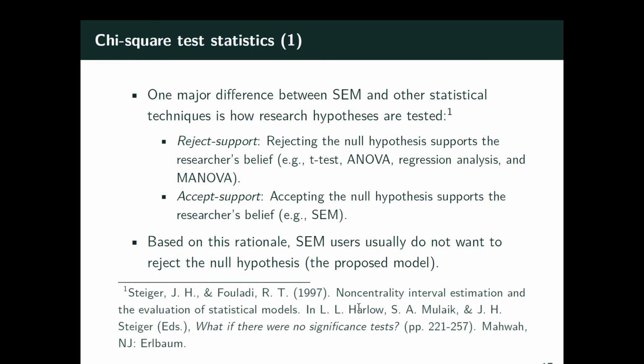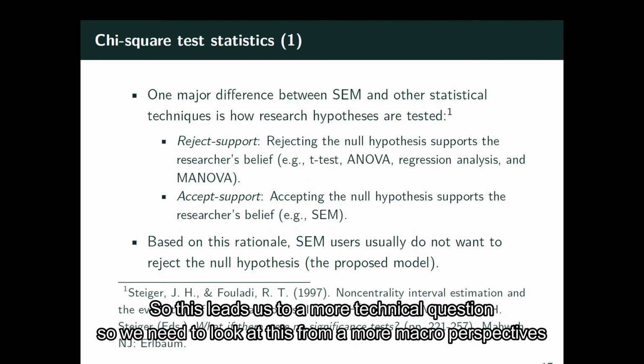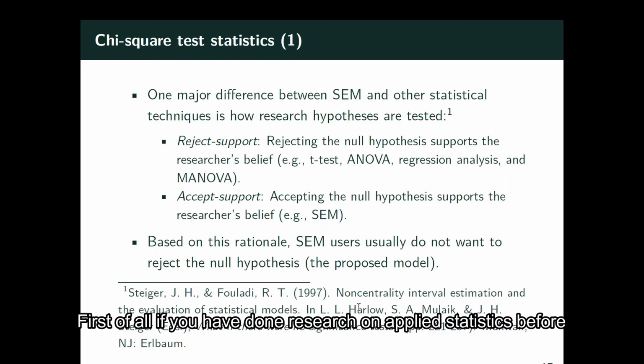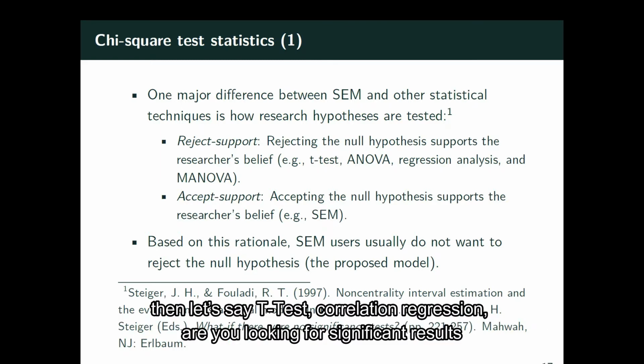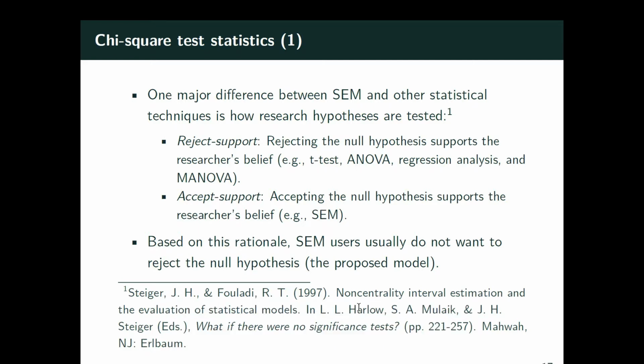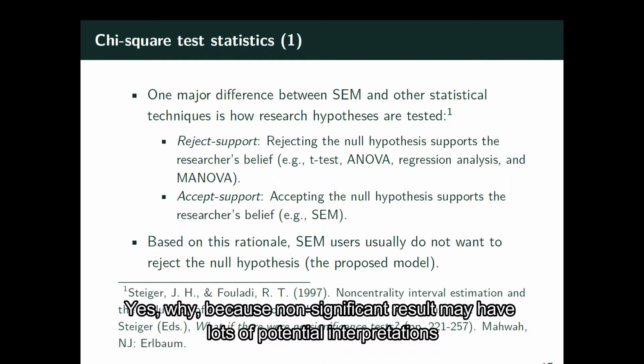Okay. So this leads us to a more technical question. We need to look at this from a more macro perspective. First of all, if you have done research or applied statistics before, let's say t-test, correlation, regression, are you looking for significant results? Yes. Why?